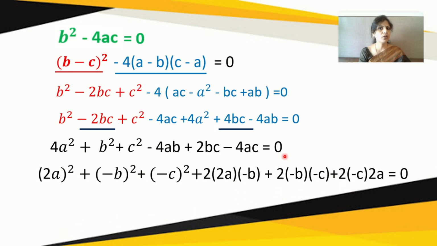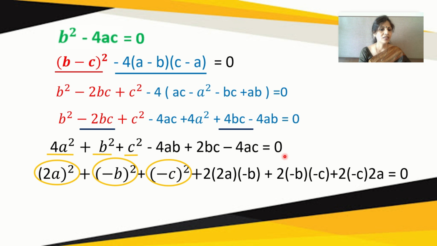Alright children, for this I am writing a huge equation in this manner. Let me just make you understand what I have done. For this 4a square, I have written 4a square in the manner 2a the whole square. 2a the whole square is what? It is 4a square. In place of b square, I have written minus b the whole square, that is plus b square. In place of c square, I have written minus c the whole square.